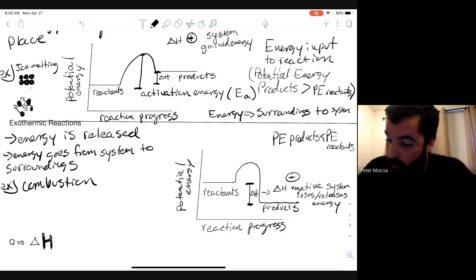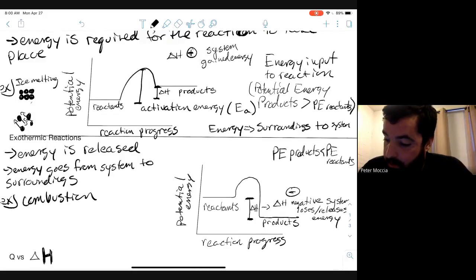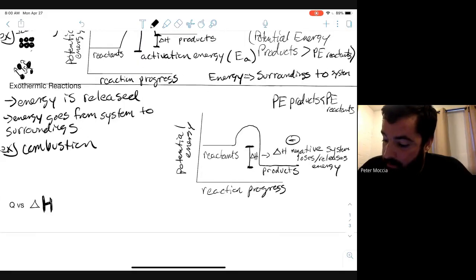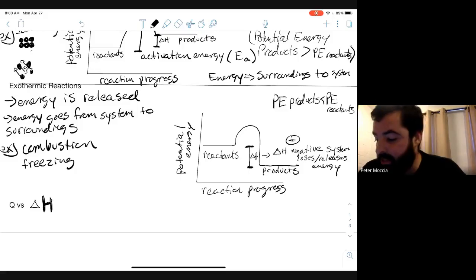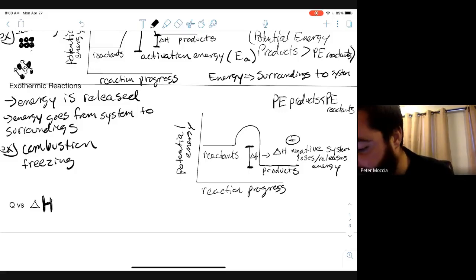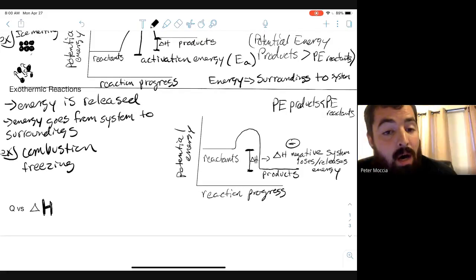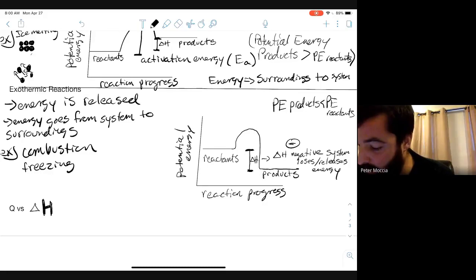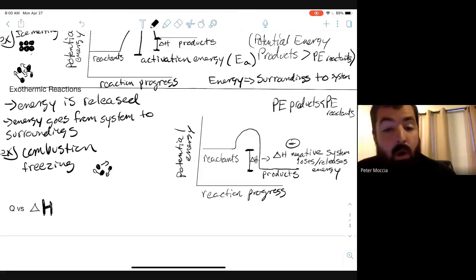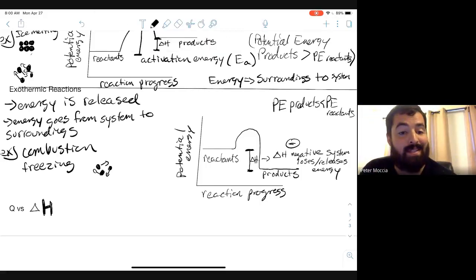Another example would be freezing. Because in freezing, like we said, in this case, we have bonds being formed, right? When something freezes, we go from water where there's still some intermolecular forces holding the water together, right? We remember that water is attracted to itself.